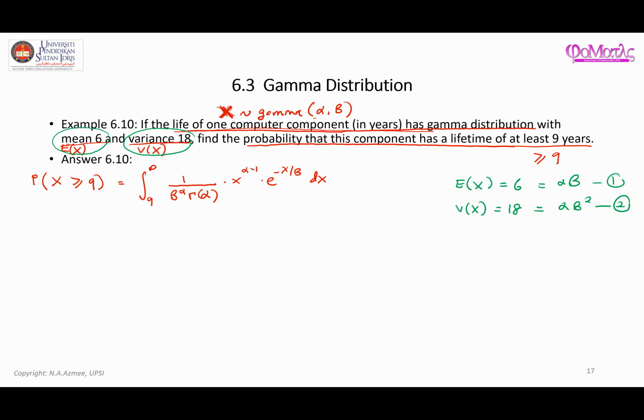That's the second piece of information, and we can use these two equations to find alpha and beta. I'm going to leave it to you to get the results, and I'm just going to give you the answer.